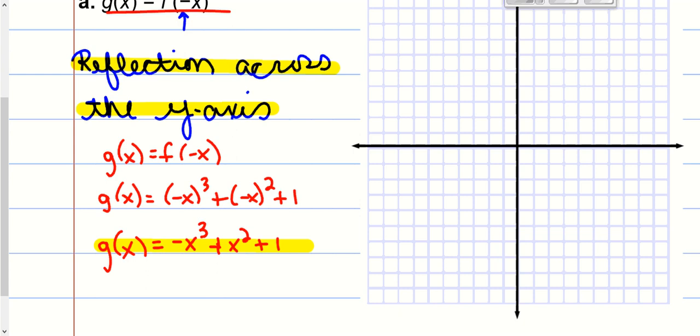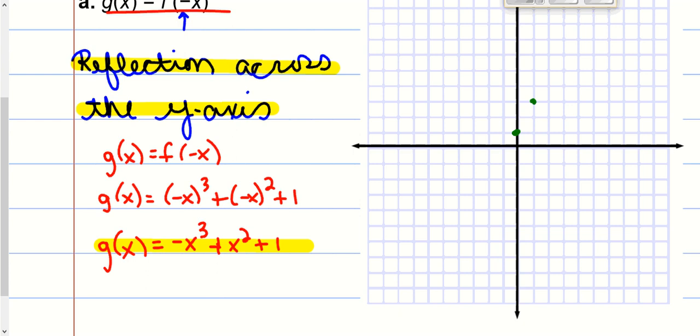So if we graph the original, we have a point at 0, 1, and at 1, 3. I believe, just a second, let me check the table.